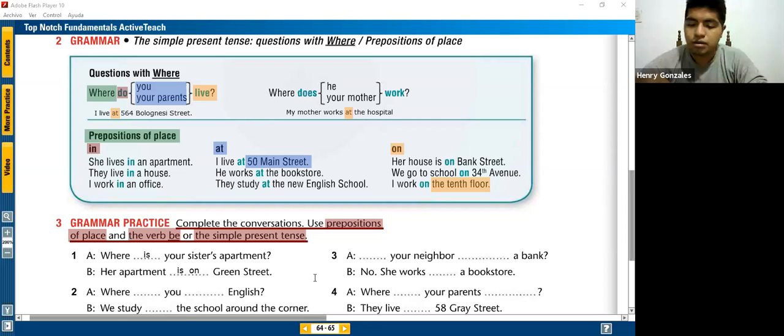Solamente levanten la mano. Come on. 2 minutes, students.